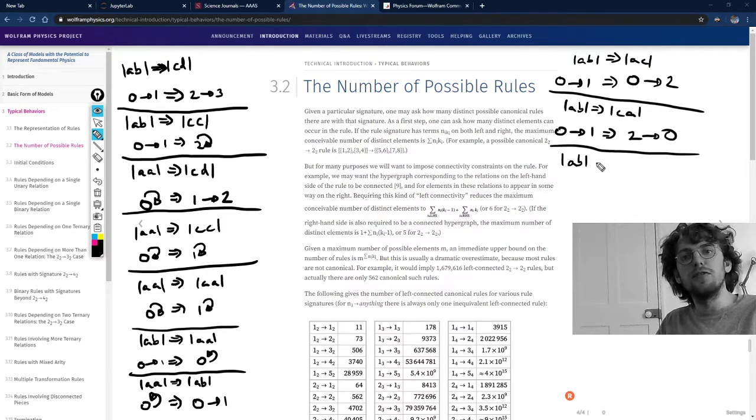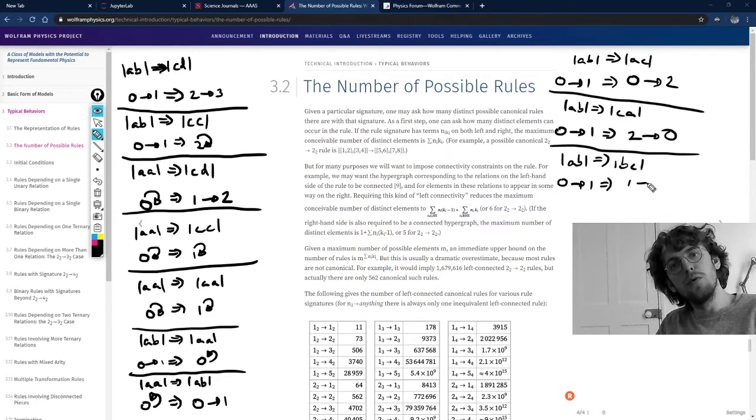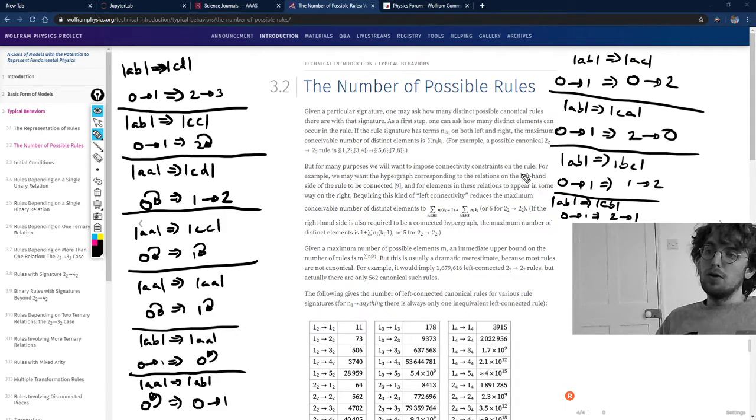It's just the B versions of these. AB goes to BC, 0 to 1, goes to 1 to 2. And then finally, AB goes to CB, 0 to 1, goes to 2 to 1. Cool. So that's that one done.